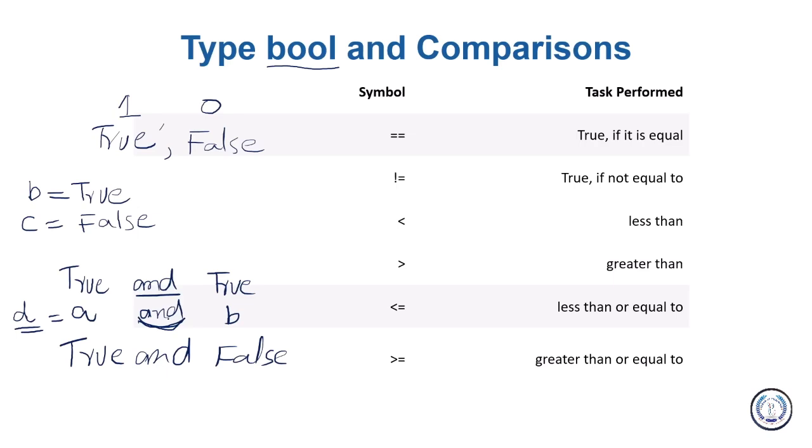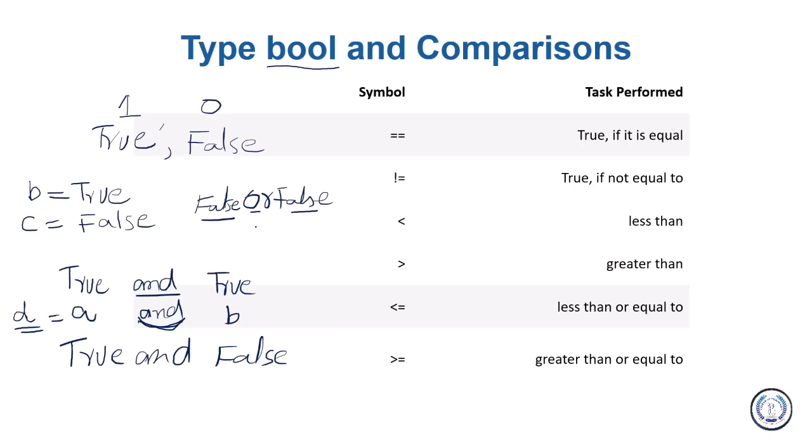Other than this AND, there is another operator, the keyword OR. This results in False if both are False. False or False is False. If any one of these is True, then the result is True.